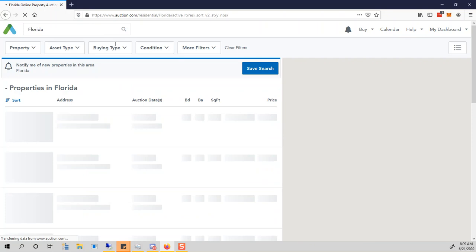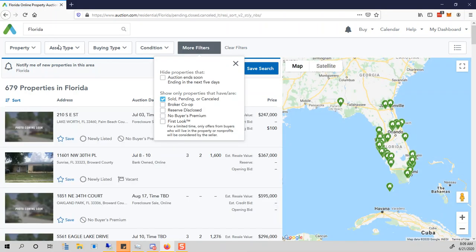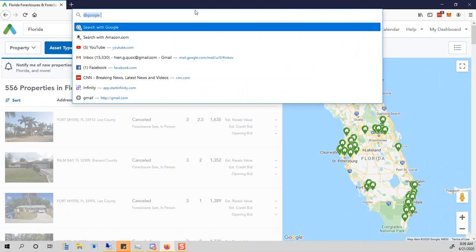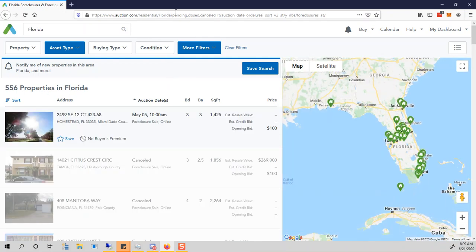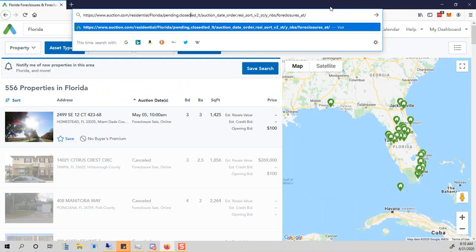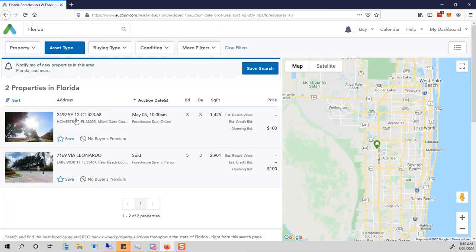I've only known about these two situations, and I don't know if this limits me if I take off this close filter for Florida. Would it be any different? There's only two.